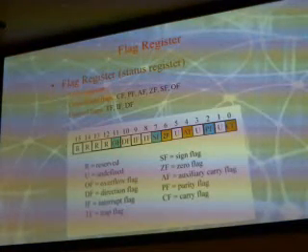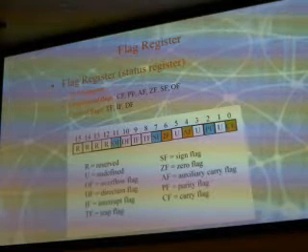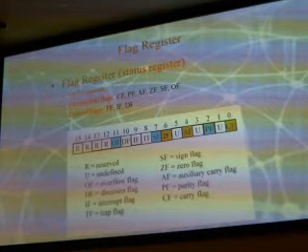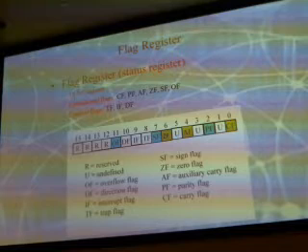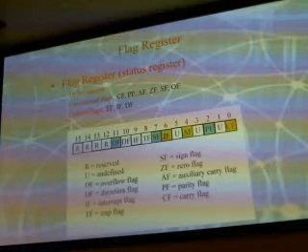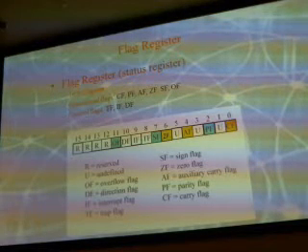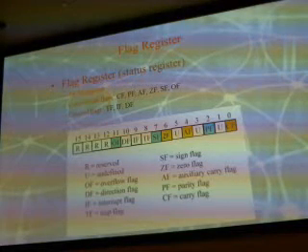That 1 bit is unused, so we're going to ignore that for right now. For today, the only bits we're going to look at are the carry flag, the zero flag and the sign flag. So bit 1 and bits 6 and 7 are the only ones we're going to look at for today.